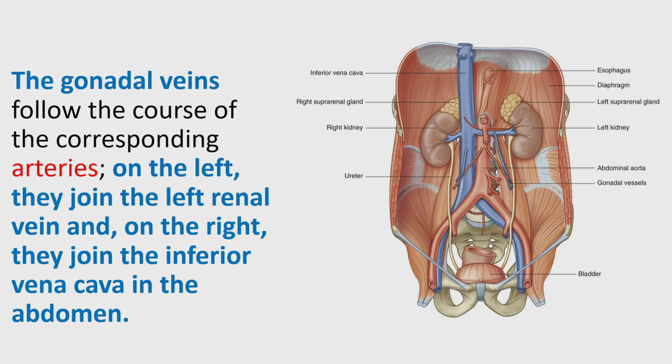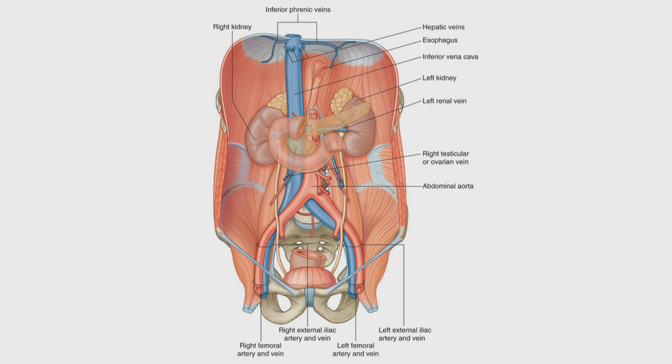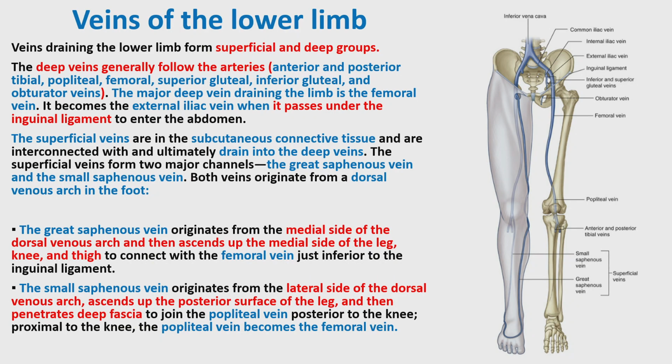Again, I mentioned it, the gonadal veins, meaning the testicular and the ovarian veins, follow the same way as the artery, but the drainage is different. On the right side to the inferior vena cava, on the left side to the renal vein. Again, we discussed this matter. So, a very important chapter is the veins of the lower limb, or generally the veins of the limbs.